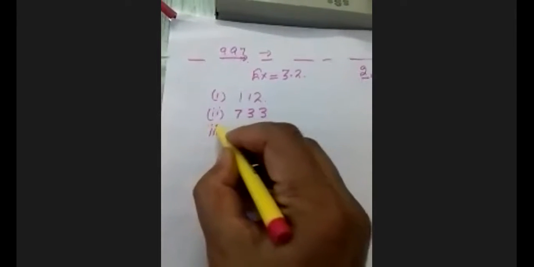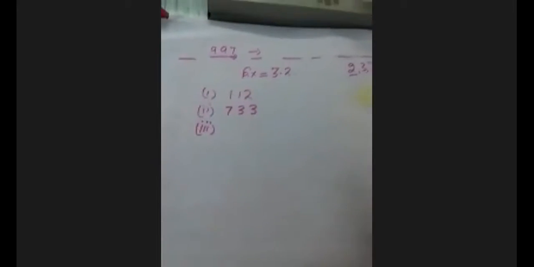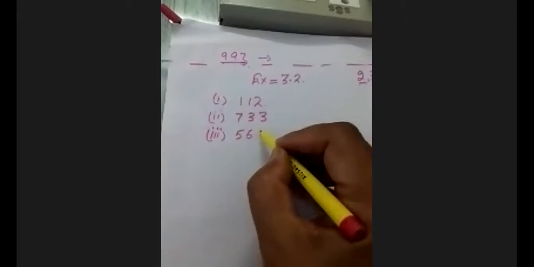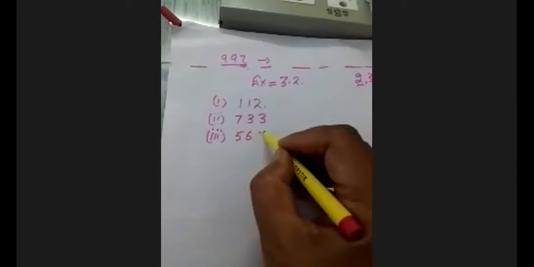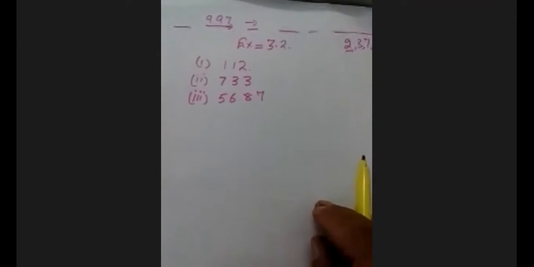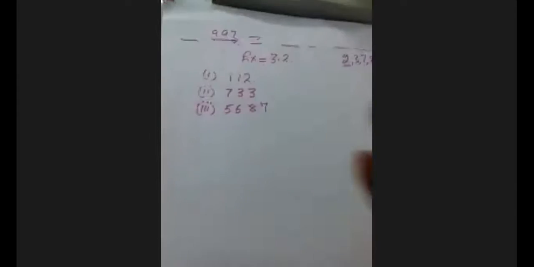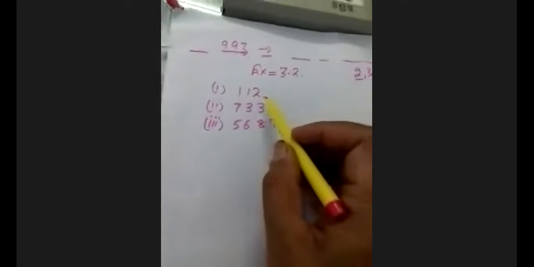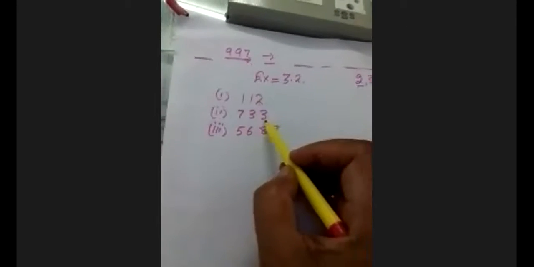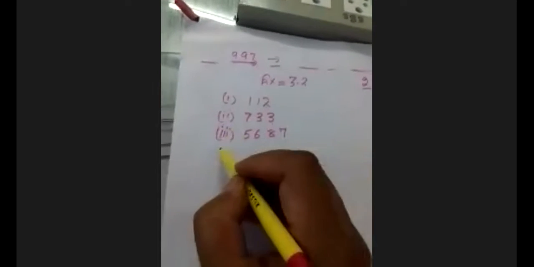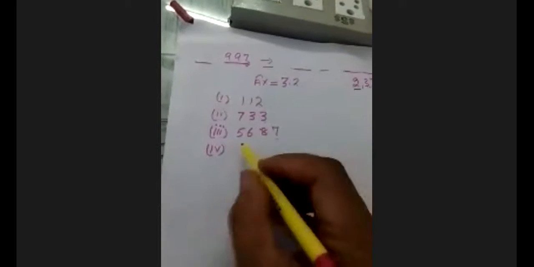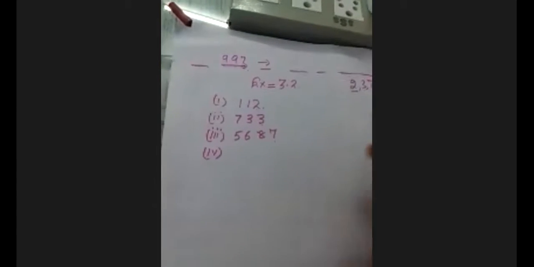Third number ending with 7: 687. You can write these numbers of your choice. Just note the last digit. It should be 2, 3, 7 or 8. Now the last number ending with 8.